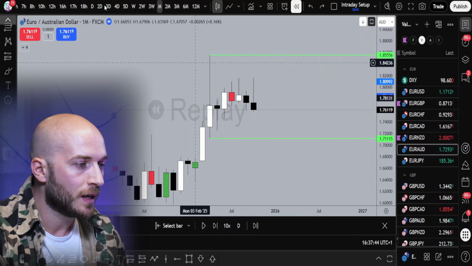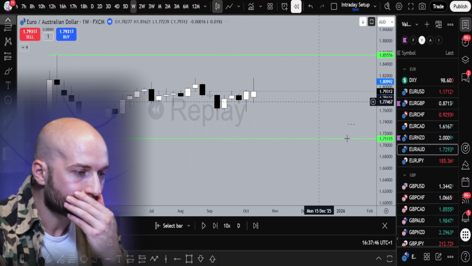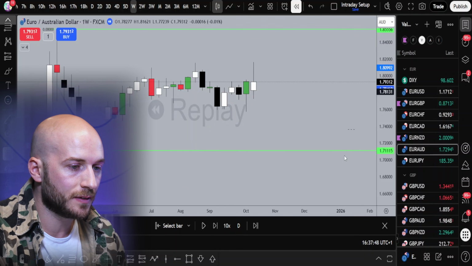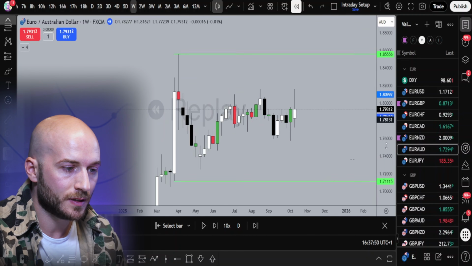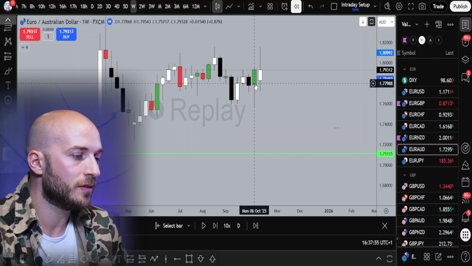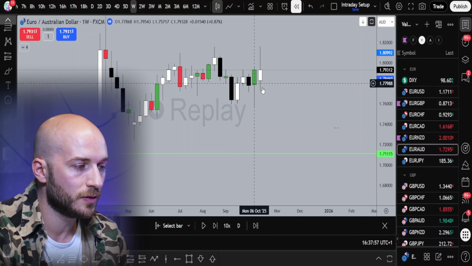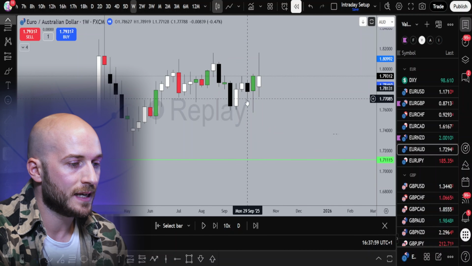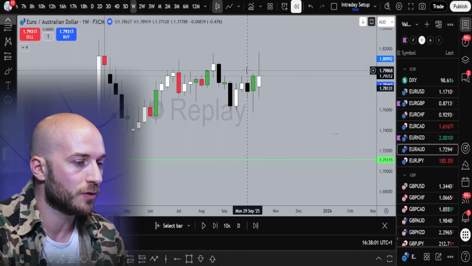And let's go on the weekly. From a weekly perspective, we have this beautiful green candle. Green candles are more powerful because they take out the low of the previous one and they close above.